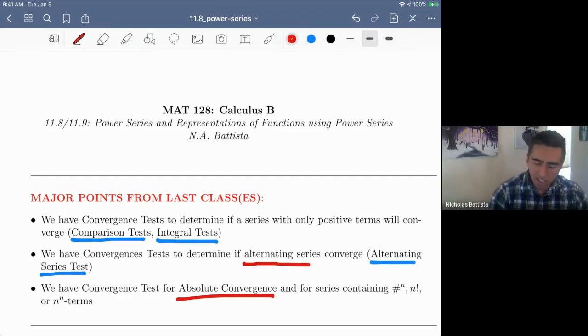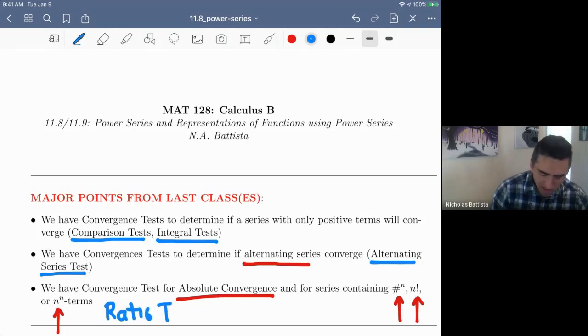So in particular, the test we had for testing whether or not a series is absolutely convergent, as long as the series had one of these three key types of terms, namely numbers raised to powers of n, numbers that are not 1 or -1, n factorials, or n to the n type terms, we had at our disposal the so-called ratio test.